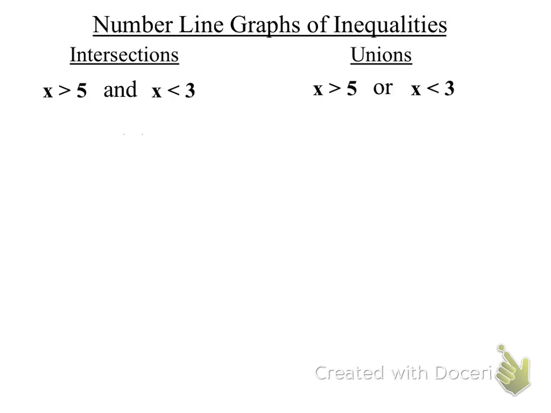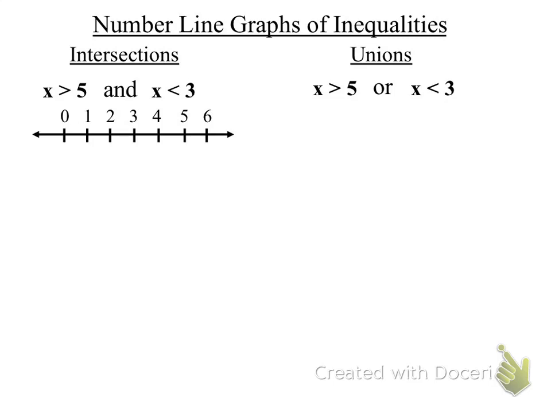Okay. Let's look at this one. This is an intersection. What does an intersection mean? Sarkis. That things are in common in both sets. Go on. Things that are common in the set.